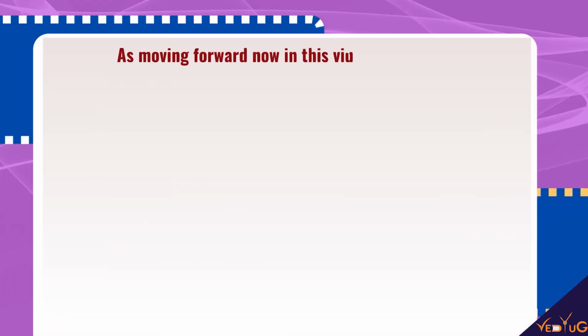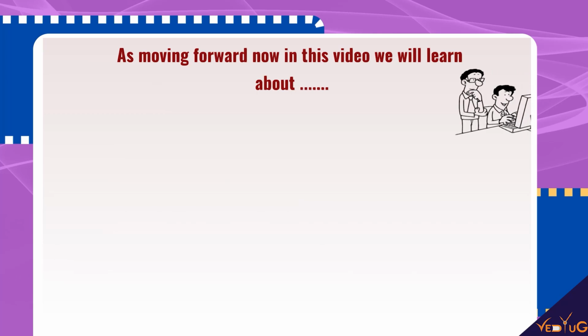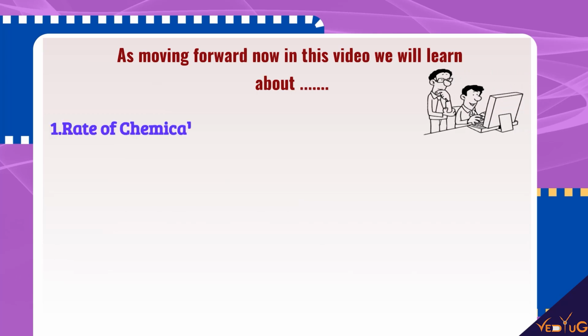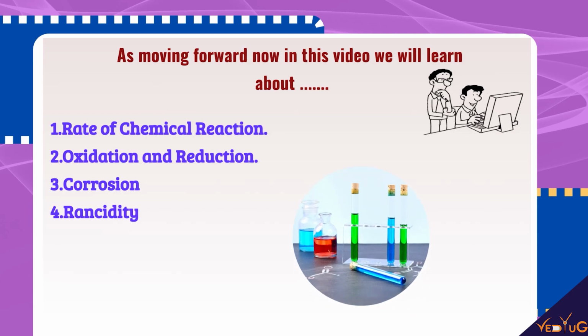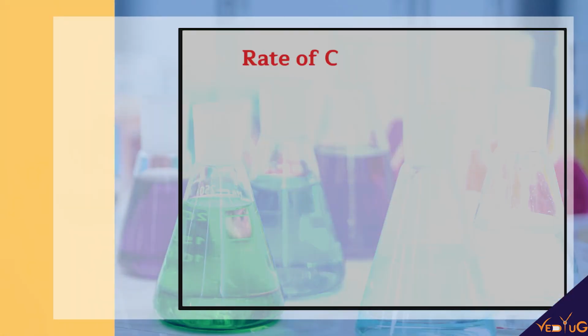So let's move forward. In this part of the video, we will be covering rate of chemical reaction, oxidation and reduction, corrosion and rancidity. So let's get started. First, let me tell you about rate of chemical reaction.